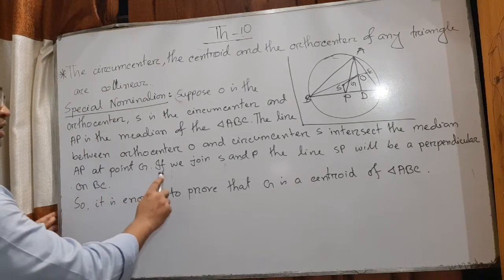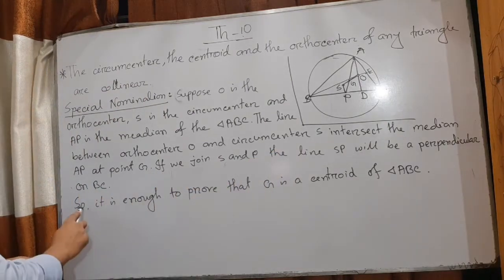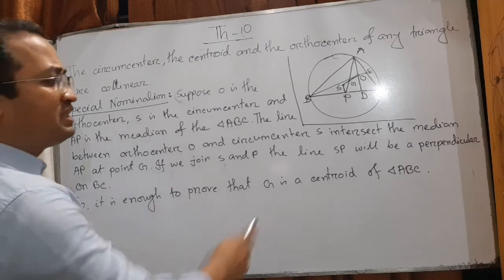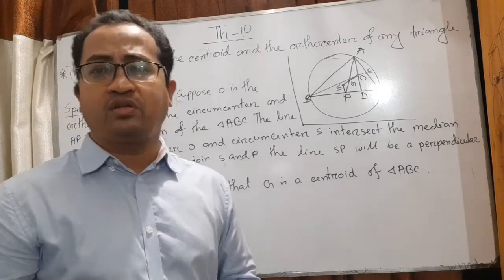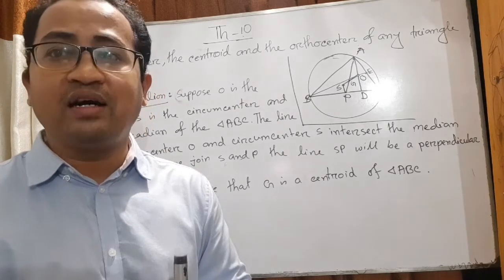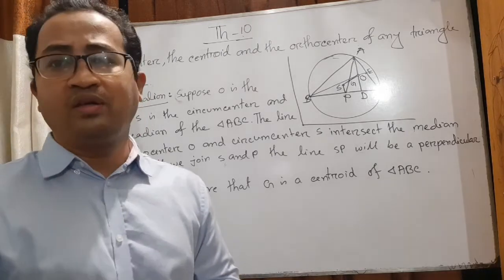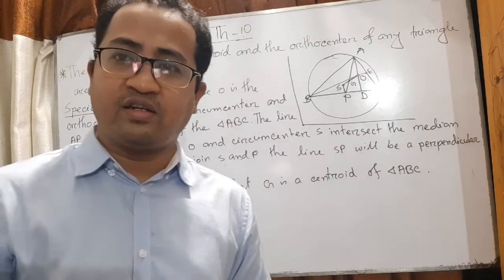So it will be perpendicular on BC. So it is enough to prove that G is the centroid of triangle ABC. Here we will prove G is the centroid of the triangle ABC. Let's start the proof.